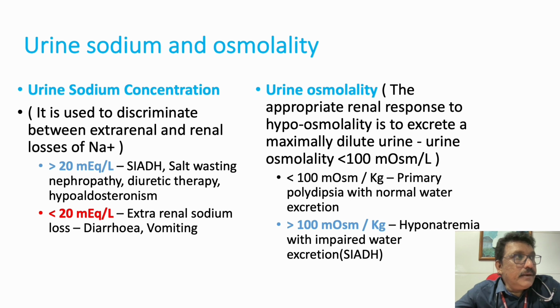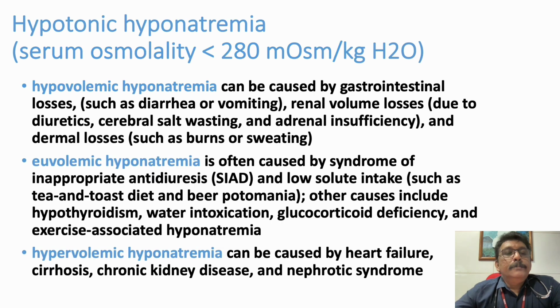So serum osmolality will tell you whether there is true hyponatremia or not. Second thing is urine sodium and urine osmolality, that will tell you whether the patient is losing sodium through kidney or any other route, or patient is not taking adequate salt in the past. Hypotonic hyponatremia, that means low serum osmolality.